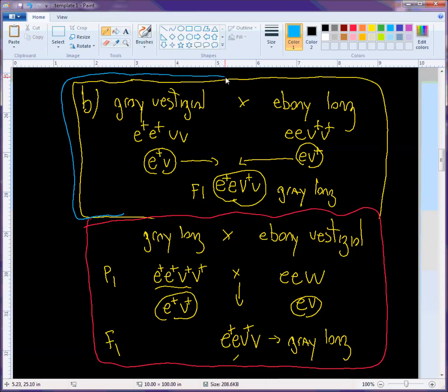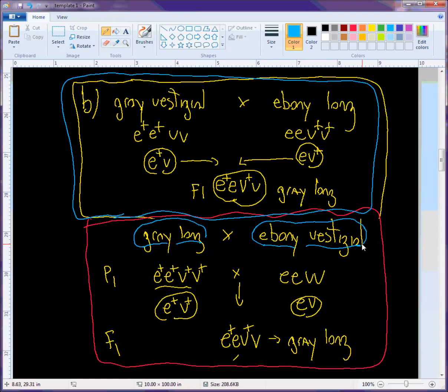So the crosses are very similar, right? So look at the P1 generation. In cross A, we had gray and long crossed to ebony and vestigial. So we had both dominant traits in one fly and both recessive in the other.